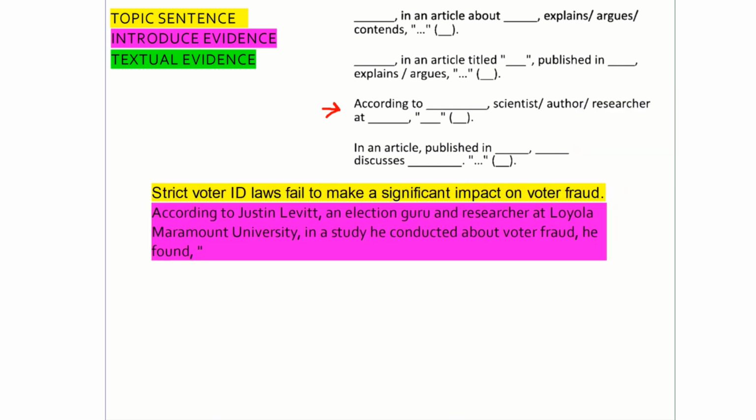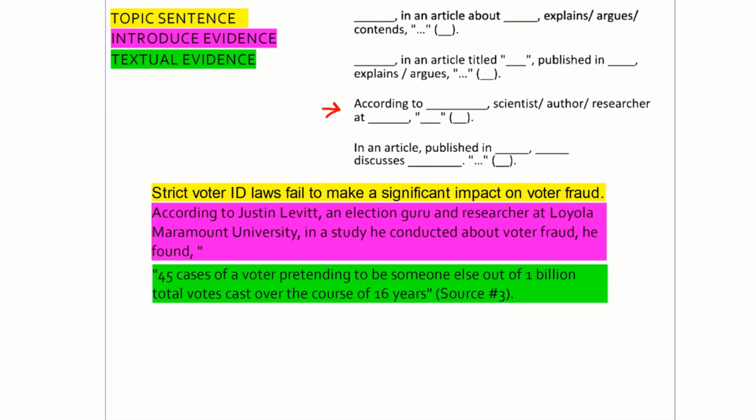So here's mine. According to Justin Levitt, an election guru and researcher at Loyola Marymount University, in a study he conducted about voter fraud, he found, and now I'm just going to write my evidence, 45 cases of a voter pretending to be someone else out of 1 billion total votes cast over the course of 16 years. Source number 3.